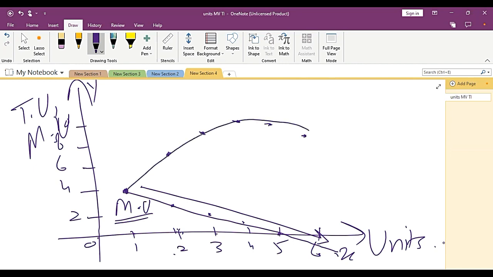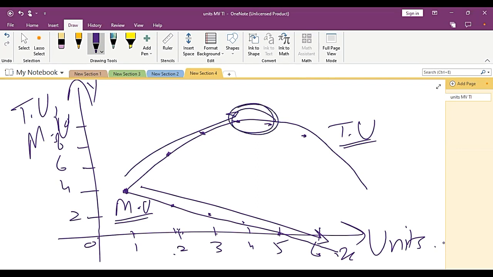This curve will be made freehand. So this is the total utility curve. It shows that total utility starts to increase, but with subsequent units, on reaching a certain point, it becomes sustained.